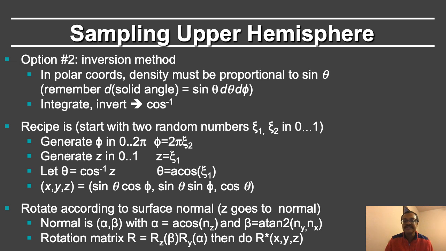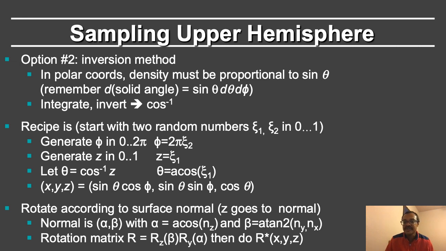The normal, let's say, is given by alpha comma beta, where you have a normal nx, ny, and nz, and you can see from the spherical coordinates that that would correspond to sine alpha cos beta, sine alpha sine beta, and cos alpha. Therefore, alpha will be given by the inverse cosine of nz, and beta will be obtained from nx and ny using the atan2 function.